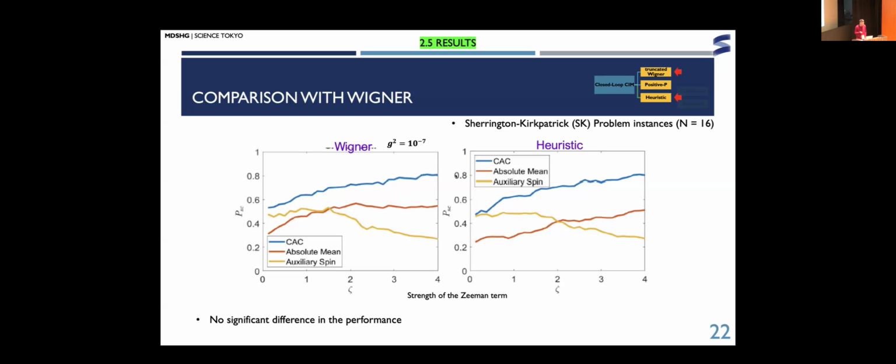But I don't think this is very significant, because this may be due to noise, since there is no noise involved in the heuristic model. So this could be a result of the noise. That's my interpretation of this result. But when we compare Wigner and heuristics, the results are quite the same when we increase the Zeeman.